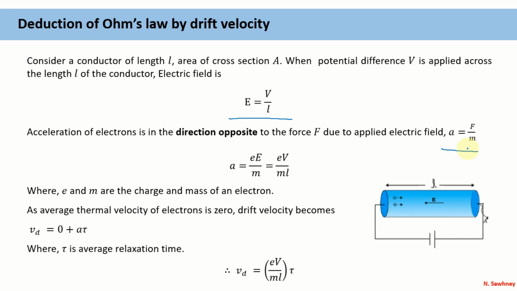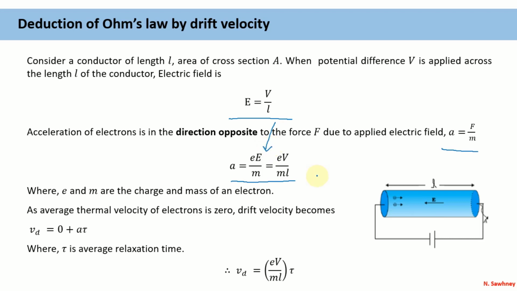If we put down the value of the force here, F is equal to eE, so a is equal to eE upon m. Now put down the value of E, the electric field, from above, we will get it as eV upon mL, where e is the charge of an electron.